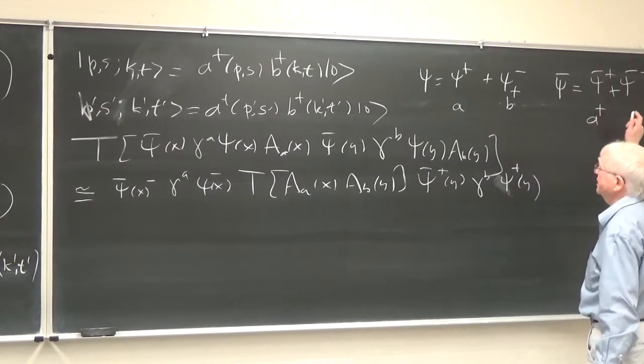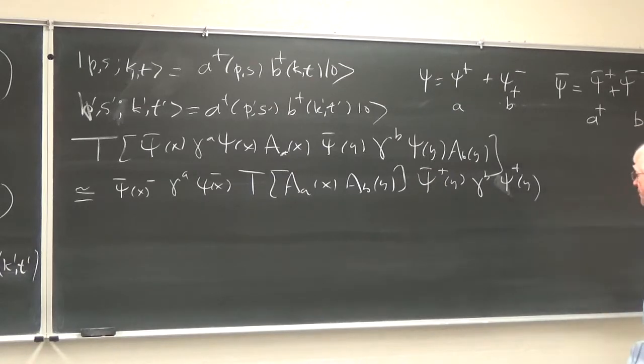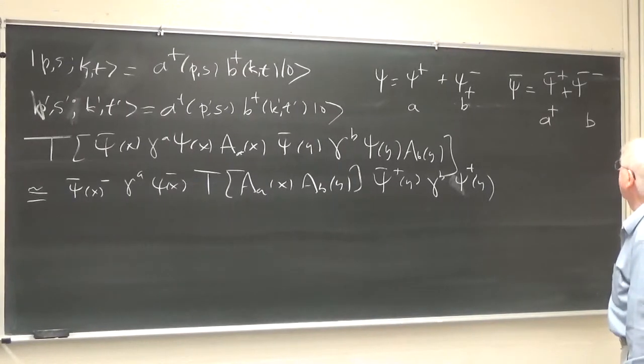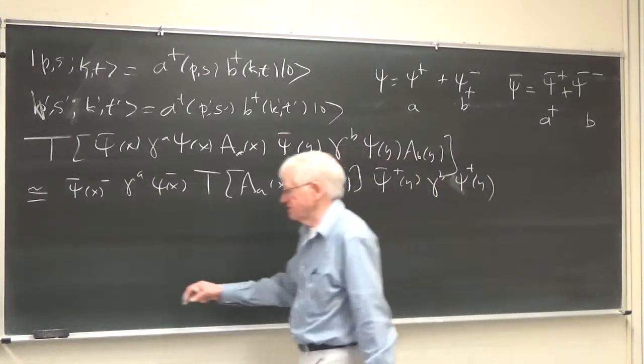So this has creation operators for electrons and annihilation operators for positrons. I just rewrote this the wrong way, so let me fix this.